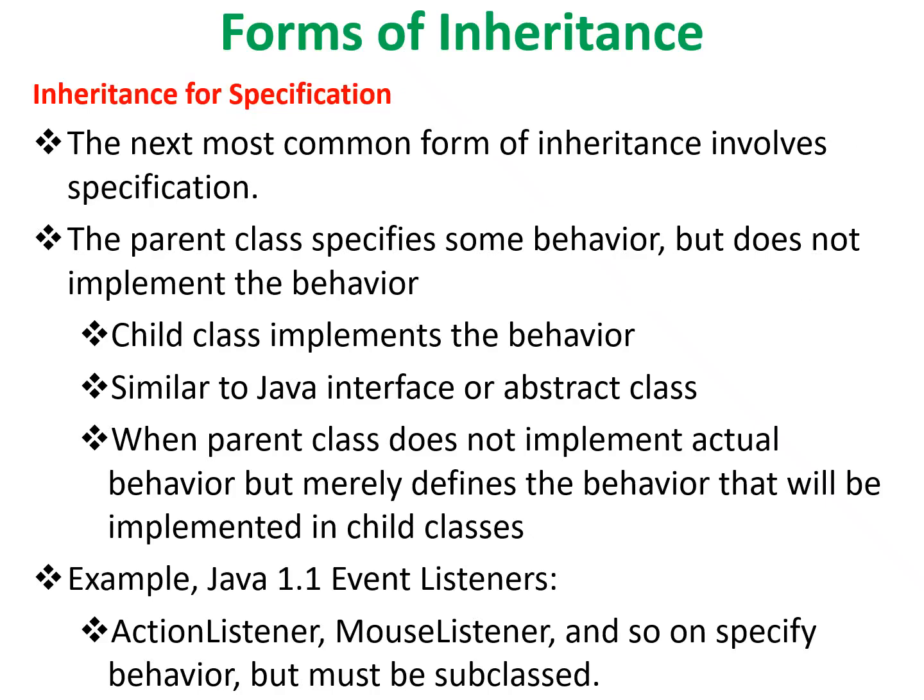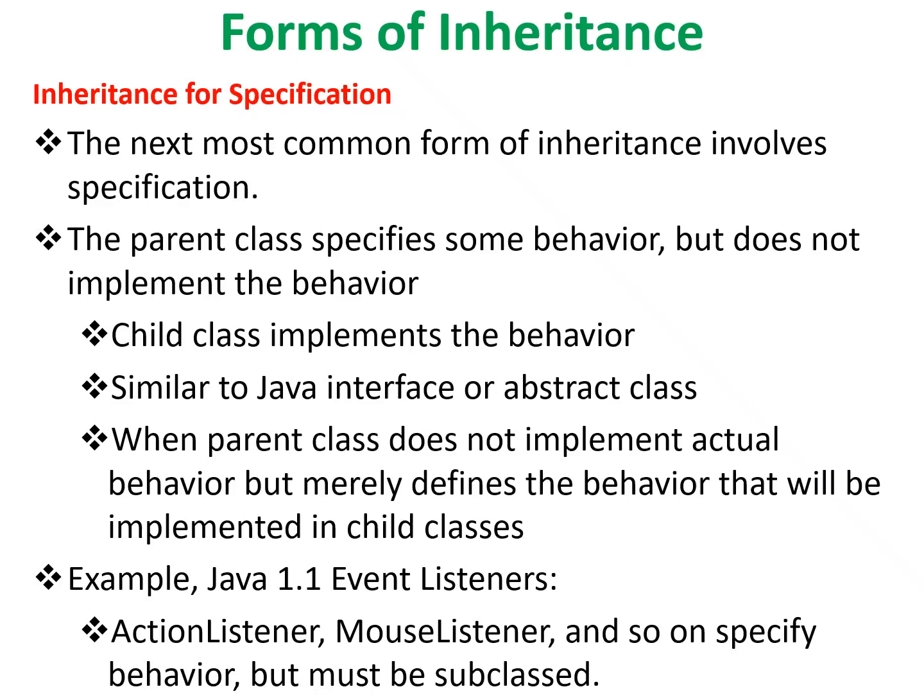Inheritance for specification. The next most common form of inheritance involves specification. The parent class specifies some behavior but does not implement it. The child class implements the behavior, similar to a Java interface or abstract class.